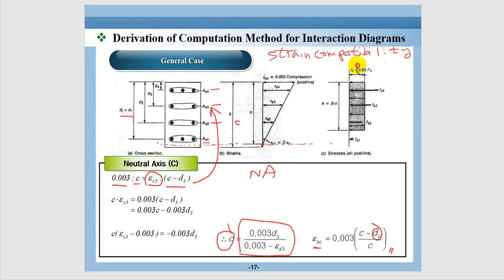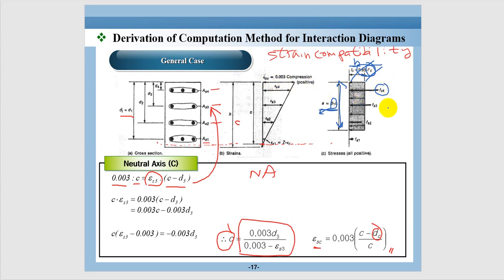You just calculate 0.85 times f'c, and we know b, and a. This beta 1 index can be calculated depending on the compressive strength of concrete. So we know a, we know b, you know all the numbers to calculate the force contributed by the concrete block on the compression side.